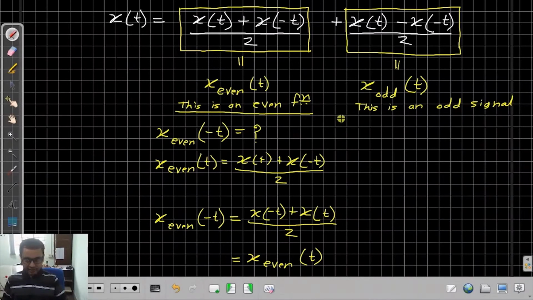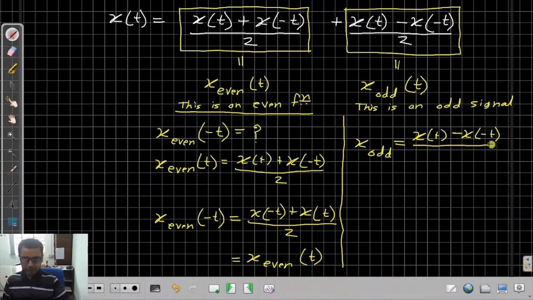Okay. Similarly, on this side, let me start with the definition of x odd t, which is x(t) minus x(minus t) whole divided by 2. And now I will put x odd minus t.